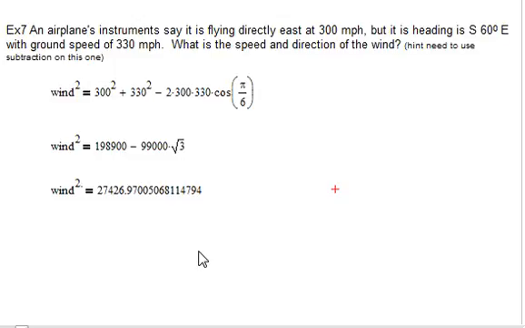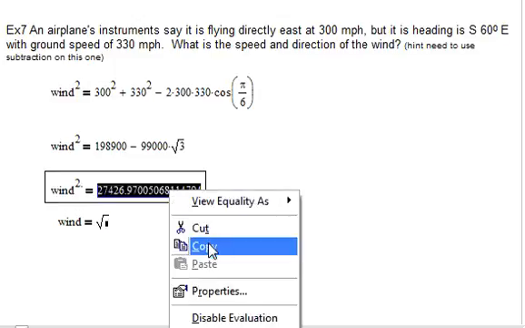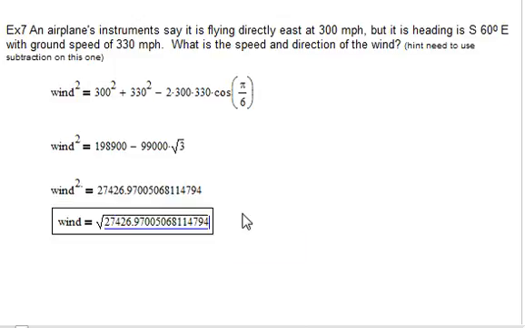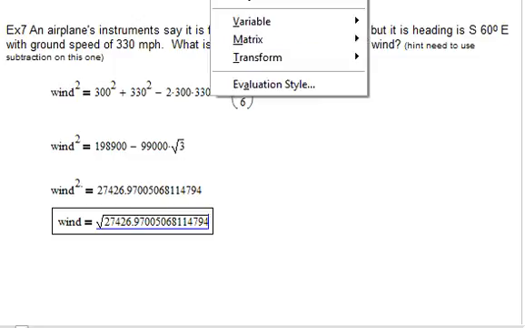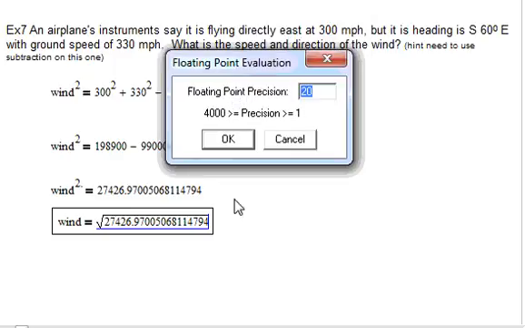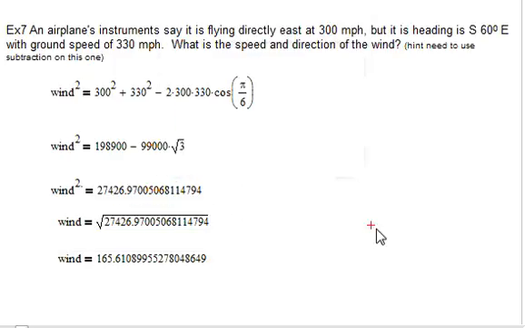That's, of course, the square of the wind speed, so the wind speed is the square root of this. This is just calculator stuff, and we can evaluate that with the floating point as well. Wow, that is one fast wind. I kind of knew it was going to be fast. 165.61, we'll call it.